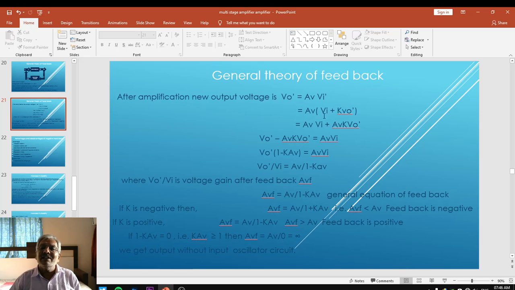Simplifying the bracket, we get Av into Vi plus Av into K times Vo dash. Transfer Av into K into Vo dash to the left side, so as to get Vo dash minus Av into K Vo dash equal to Av into Vi. Take Vo dash common, and we get Vo dash into bracket 1 minus K times Av equal to Av into Vi.